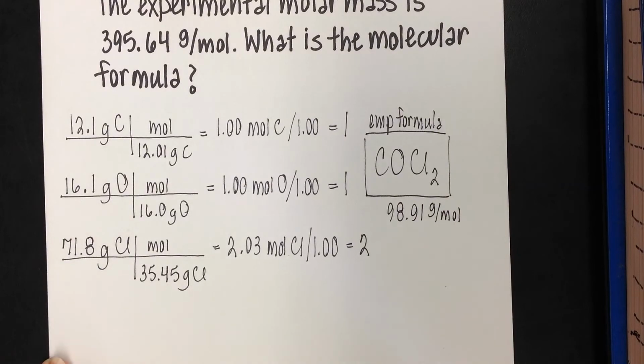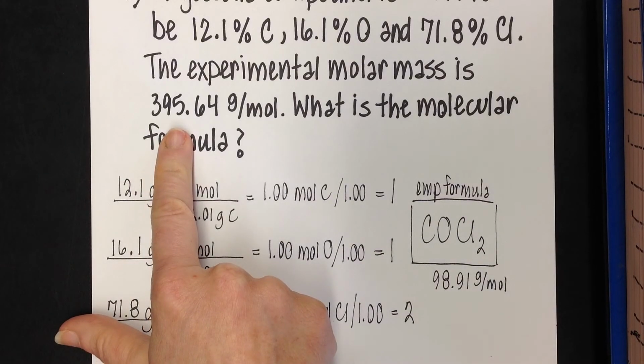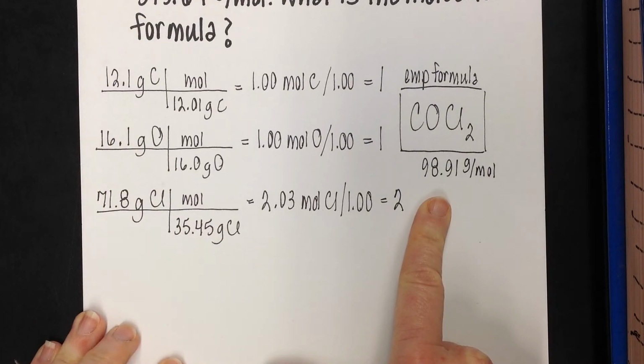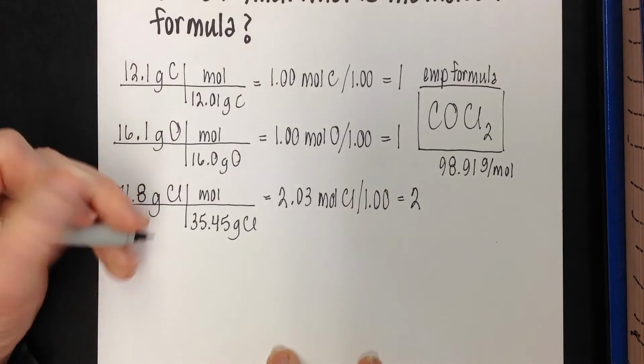So now I am going to take the experimental molar mass they gave me. I am going to divide that by the molar mass of the empirical formula to get that small whole number. That's that multiple that I'm looking for to multiply by all of these subscripts.